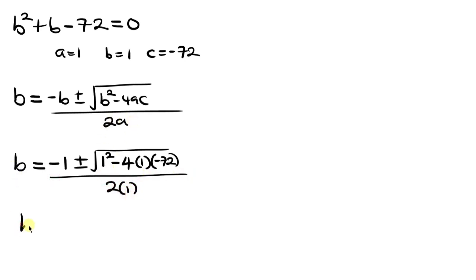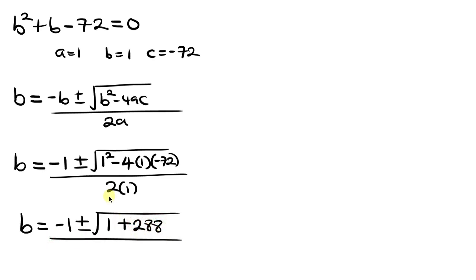So the value of b now becomes negative 1 plus or minus the square root of 1 squared, which is 1. Now negative 4 times 1 times negative 72, I have plus 288 all over 2 times 1, which is 2.